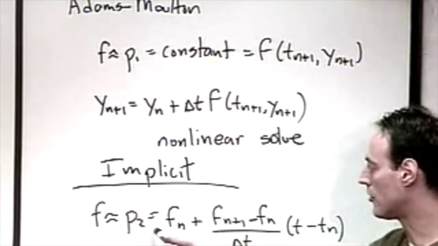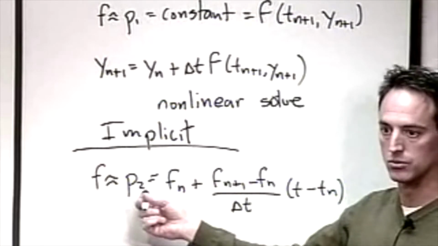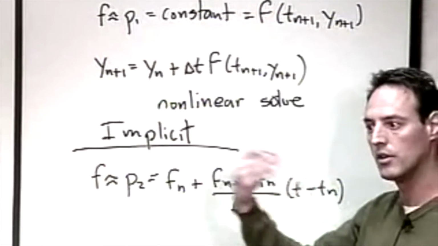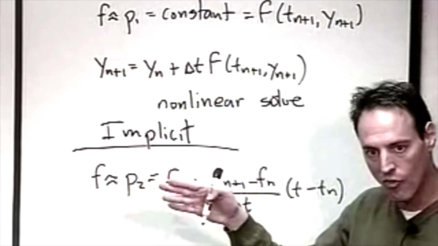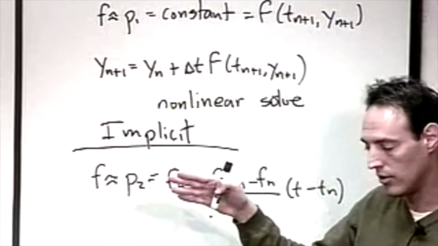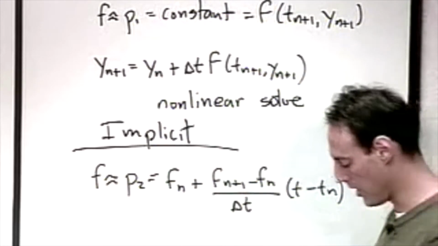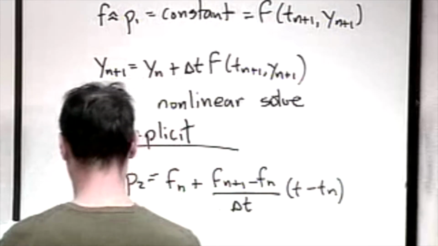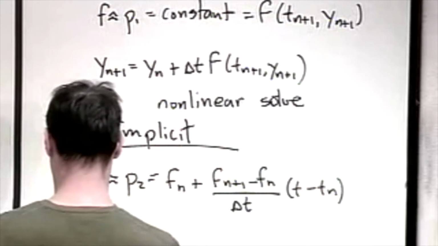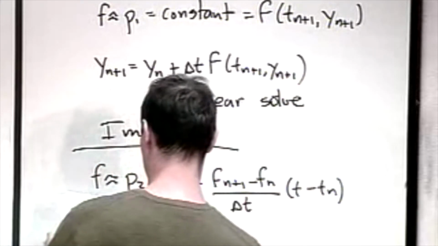This is now a second order polynomial to approximate my solution. I'm going to take this thing here, put it into my formula over there where I'm using a polynomial in place of f, and integrate it. Very simple to do. And what I end up with is the Adams-Moulton scheme, which looks something like this.